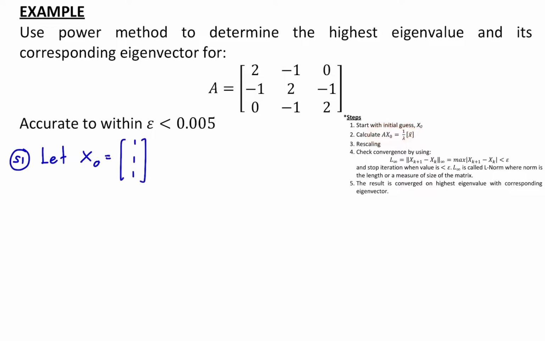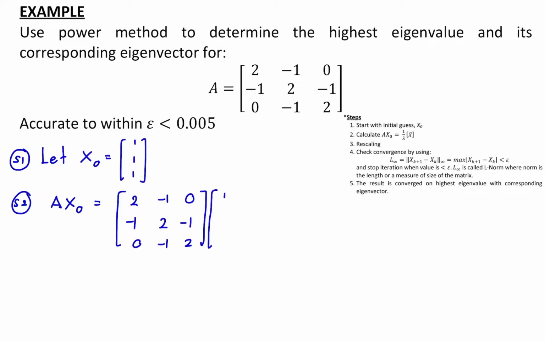Step 2, refer to here. We calculate Ax0. That will equal, our A is 2, minus 1, 0; minus 1, 2, minus 1 and so on, multiplied with x0, which is 1, 1, 1.